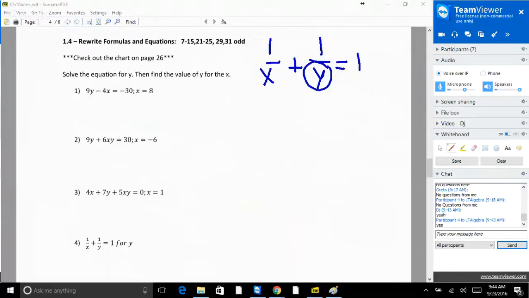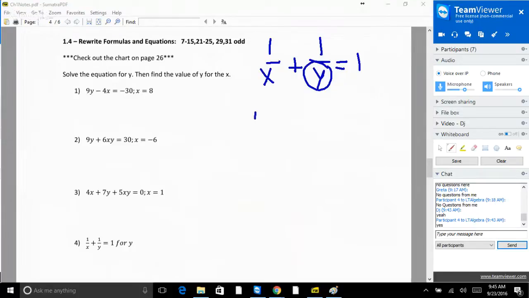The other thing that we could do, well, there's one other thing that we can do, and that is multiply by the lowest common denominator. Remember all those years you had to find the LCD? Yeah, exactly, Elijah. So the lowest common denominator of x and y is x times y.